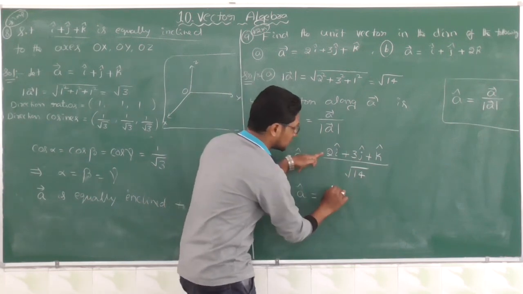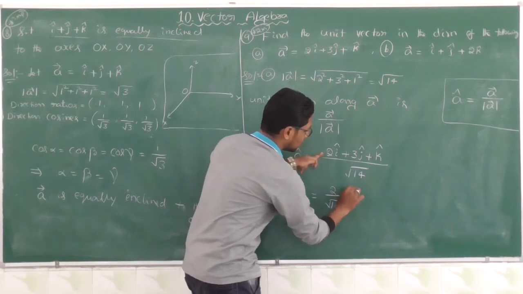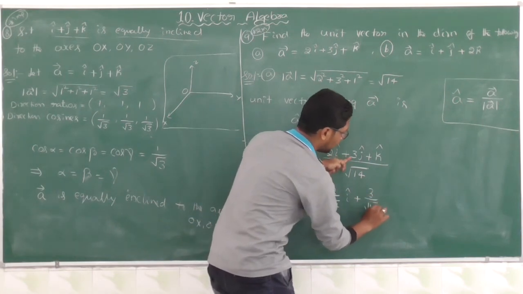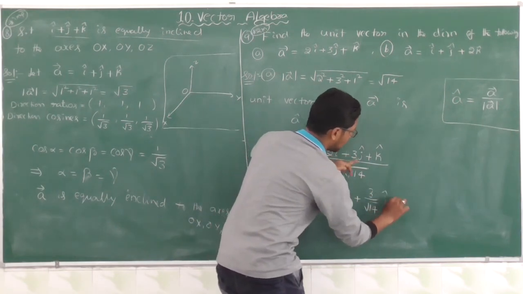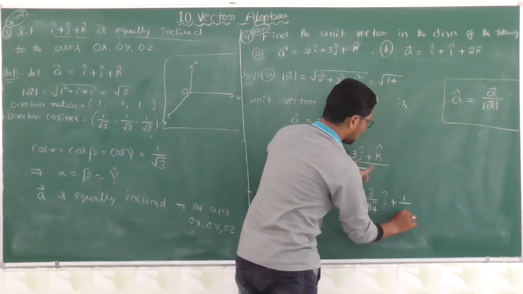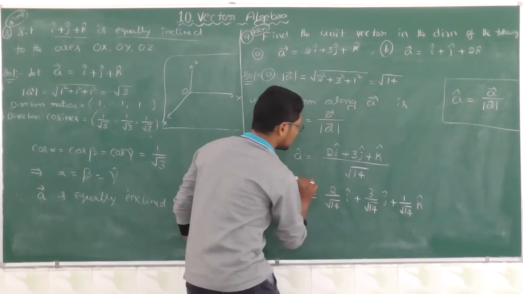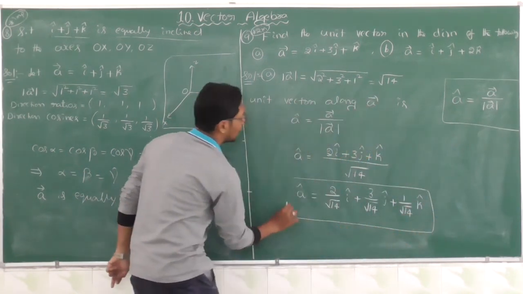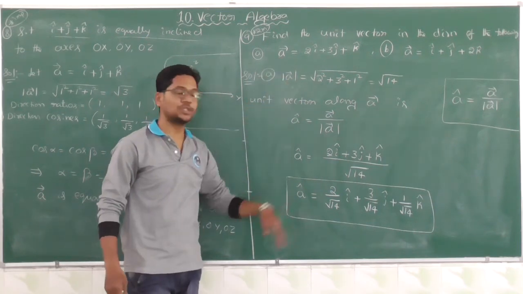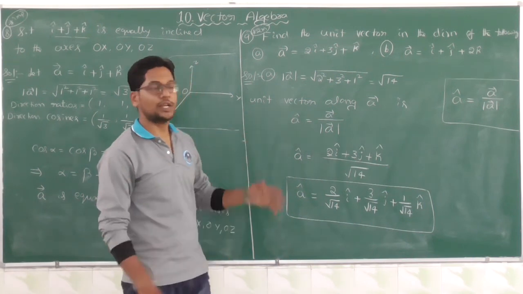I will split this like 2 by square root of 14 i plus 3 divided by square root of 14 j plus k component we have only 1 divided by square root of 14 k. Hence it is the unit vector along the direction of A vector. It is the procedure to find the unit vector. I hope you will understand.